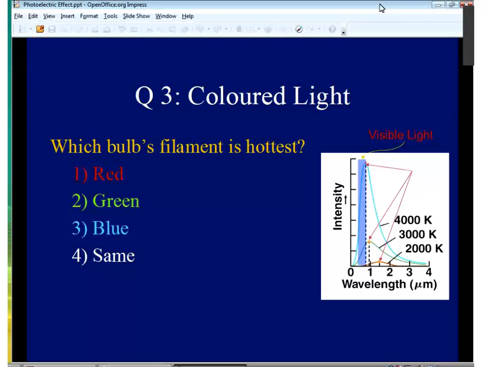Suppose we are talking about traditional incandescent bulbs. All bulbs have got same wattage, but one is red, other is green, then blue. They are all having the same wattage. Then which bulb's filament is hottest?